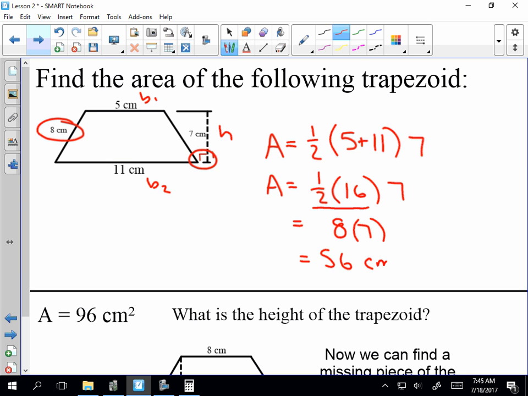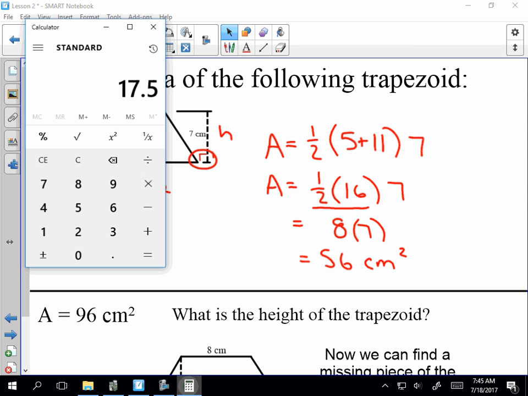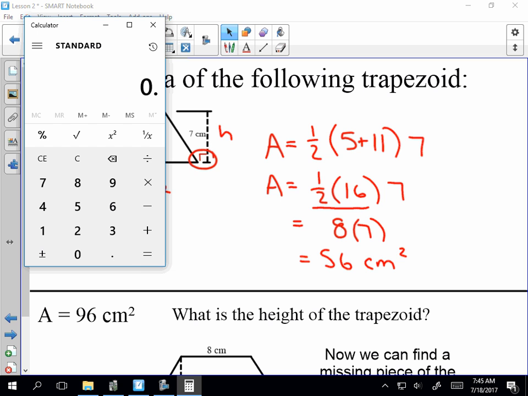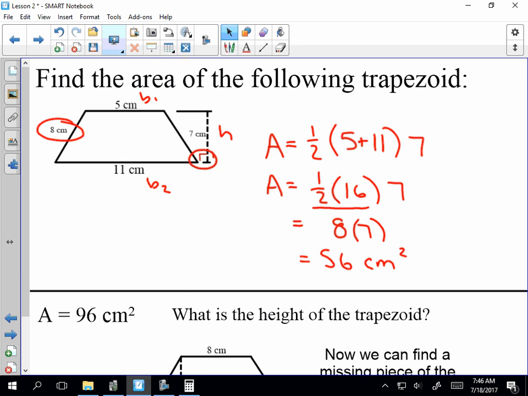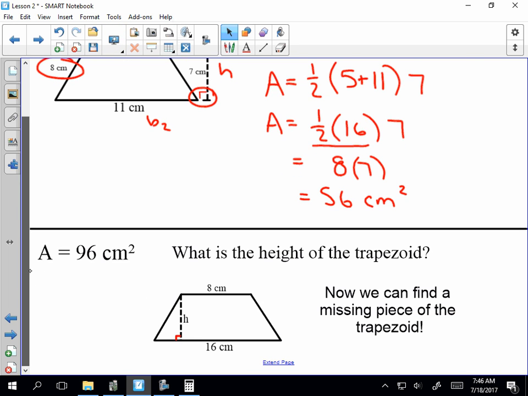Now, you are always allowed a calculator, so if you just want to plug it in to the calculator and run straight through, 0.5 times 16 times 7 to get your answer, you can always do that. But if there's anything that we can do mental math-wise to make our work a little bit easier, those are things that we want to look for.